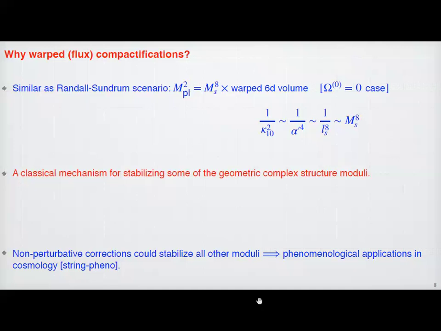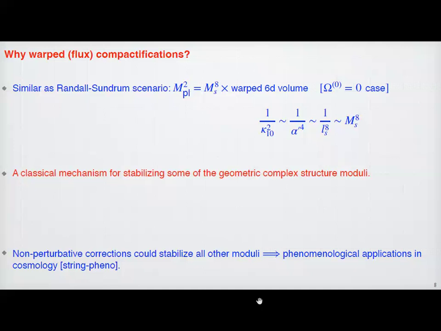On top of that, in the direct product compactification there are many more moduli. But flux compactification, which will show the warp factor, stabilizes many of the geometric complex structure moduli. This I will explain in some detail.